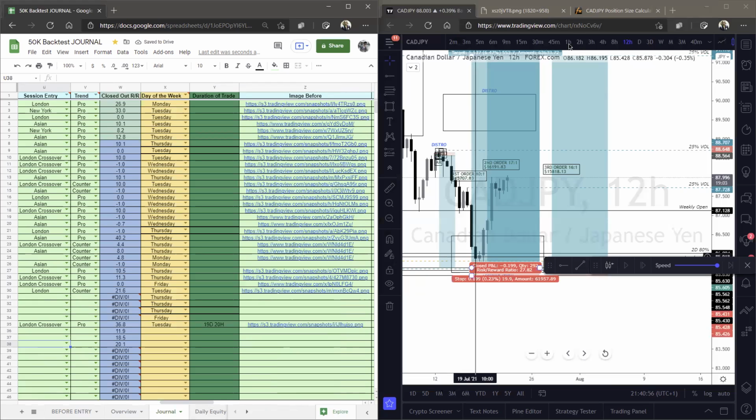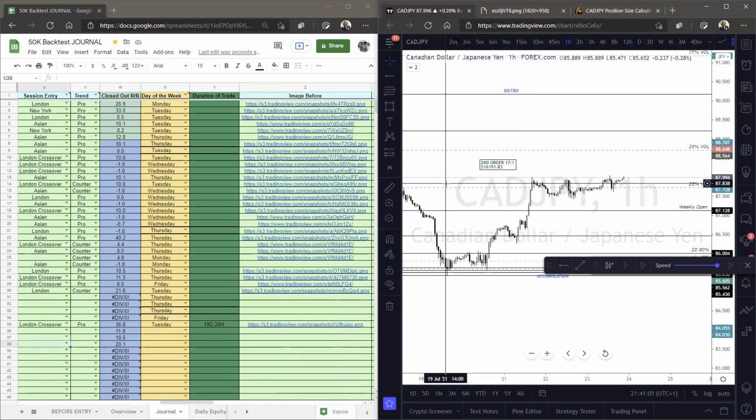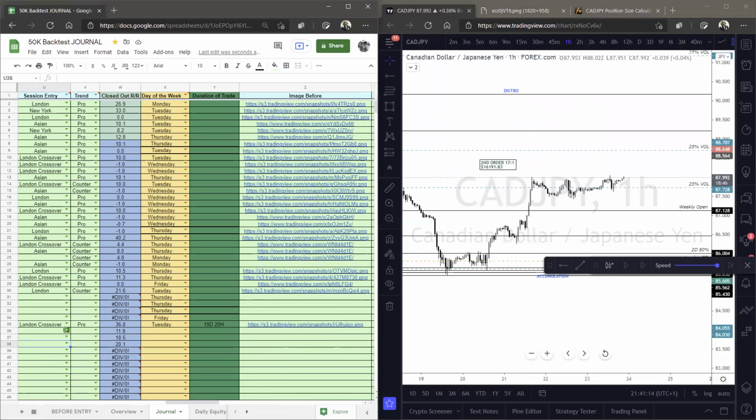Let me just double check. So this tapped in at 2 p.m. crossover. And this one happened at crossover as well. This one happened on the 19th, and this one on the 20th. So Monday and Tuesday and Monday.